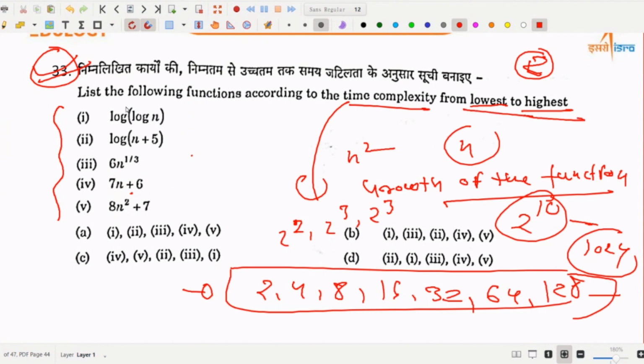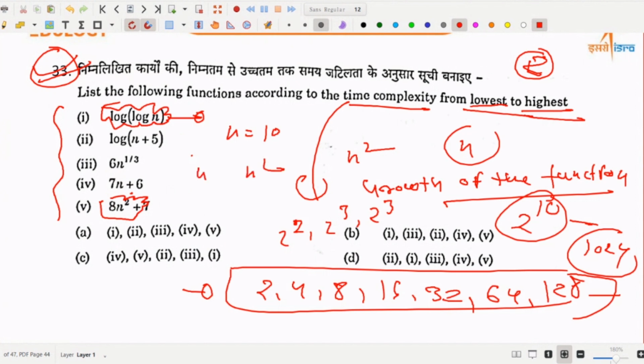The logarithmic function is always the slowest function. Keep this in mind: logarithmic is slowest. So here log n is the slowest function.